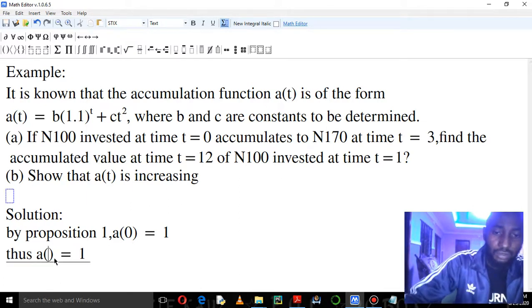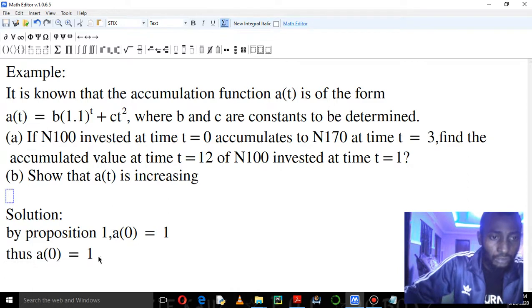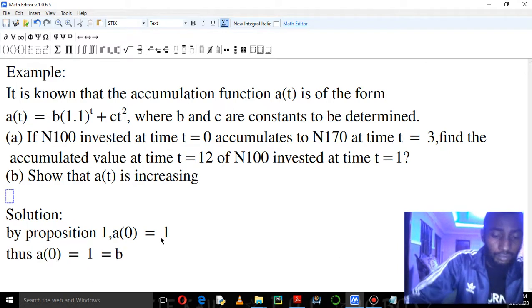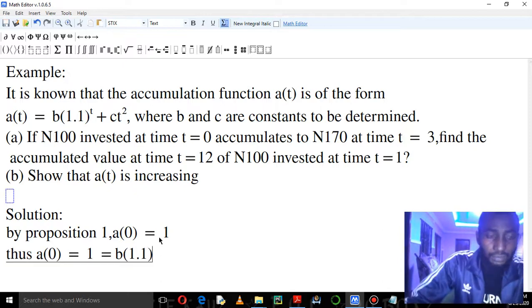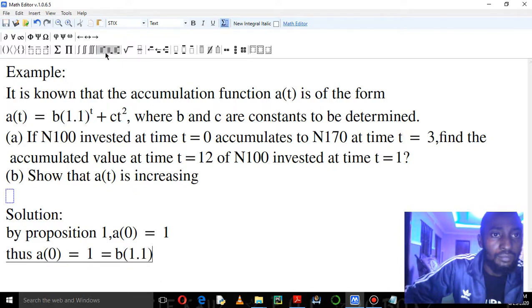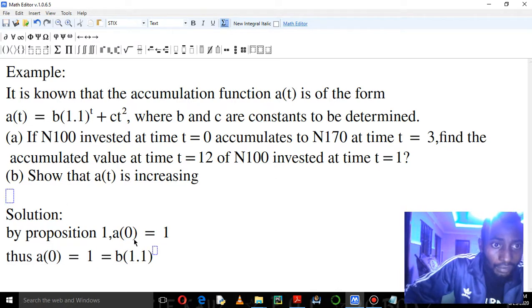It equals 1, which is equal to b into bracket 1.1 close bracket. Now at time zero, anytime we see t, we put zero.